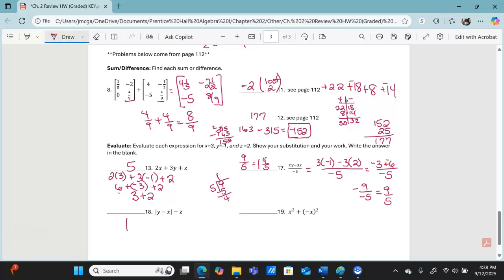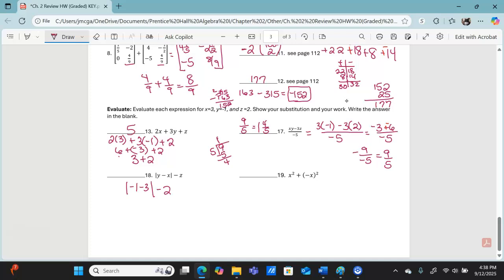And then here, the absolute value of -1 minus 3 minus 2. So dealing with inside the absolute value first, because it serves as a grouping symbol. I'm going to have a -4 inside that absolute value.